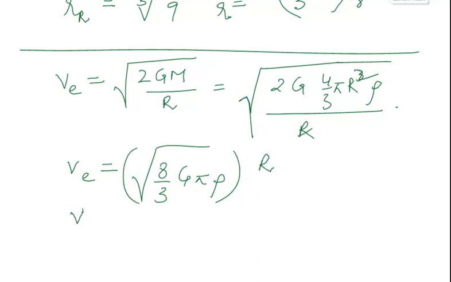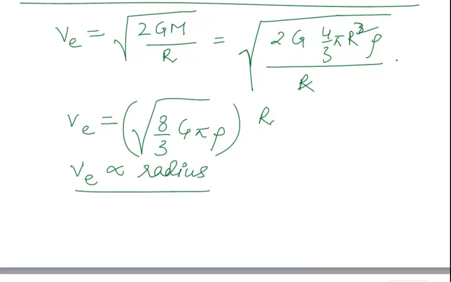That means escape velocity is directly proportional to the radius of the planet if rho is constant.